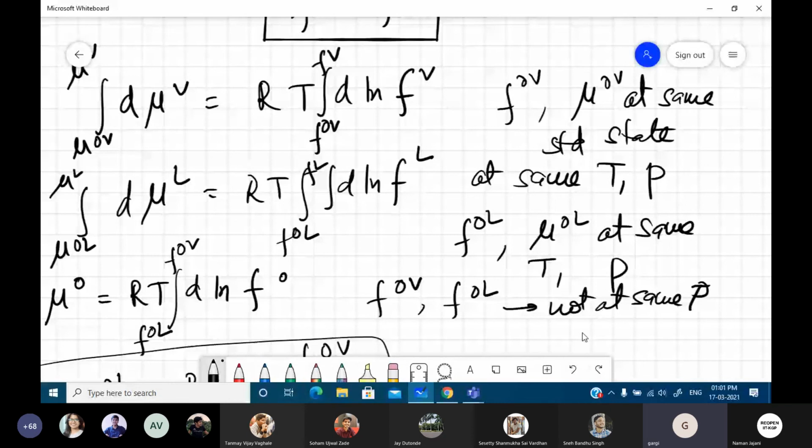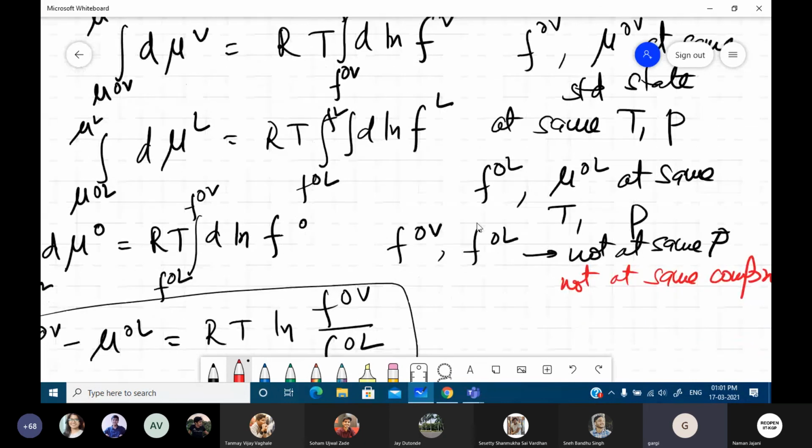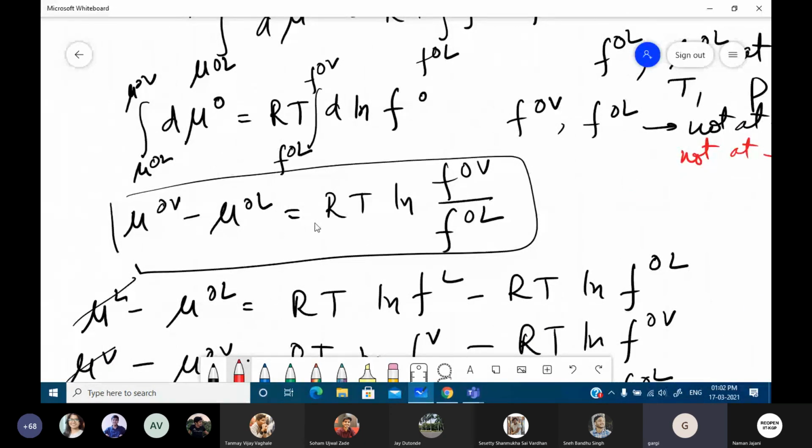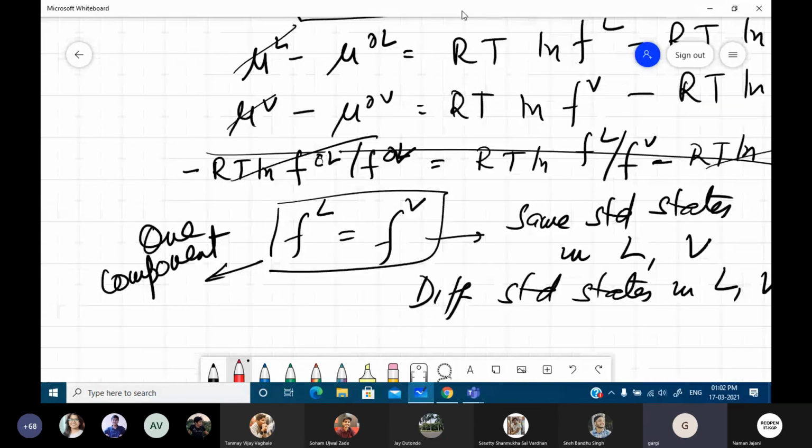In this particular case, we will just mention that F0V and F0L may not be at the same pressure and may not be at the same composition as well. One can be a pure state, one can be in some other composition. It hardly matters. Whatever the condition, this equation is going to hold, irrespective of the standard states of the vapor and the liquid phase.